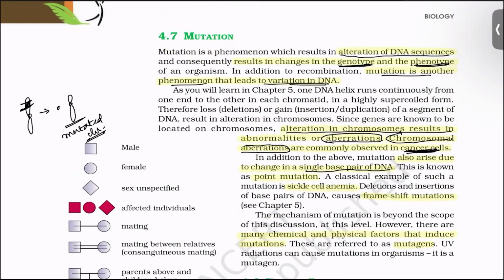Now this is one method of mutation, and another method of mutation is this: this is a single strand of DNA, and for example, this is the sequence in that DNA, and this sequence gets changed. So for example, it becomes CG, and this is GC, and this is CG.